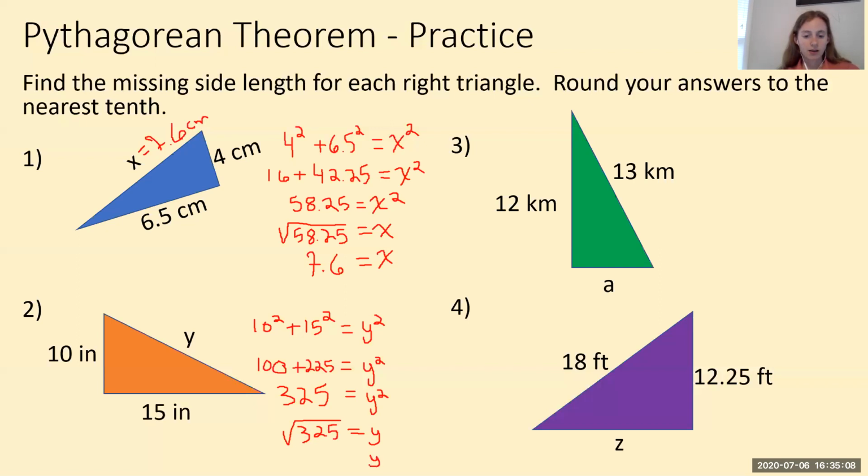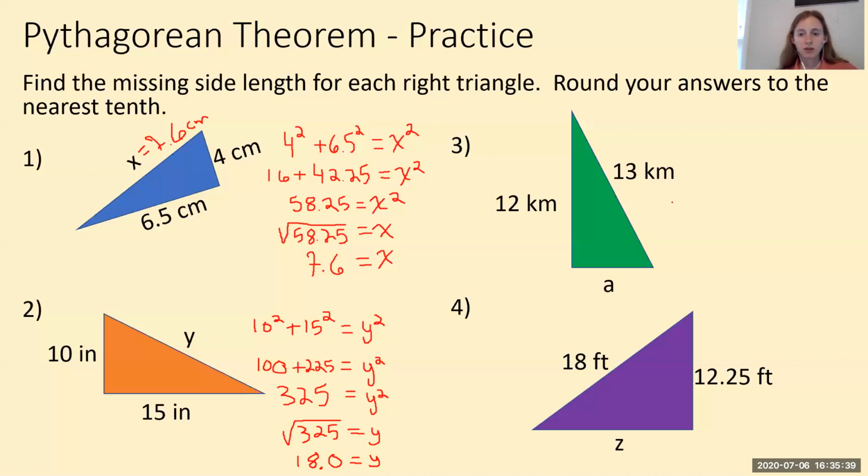So y is, I get 18.02. So if I round that to the nearest tenth, it'll be 18.0. 18.02 will round to 18.0. So y is equal to 18.0 inches.